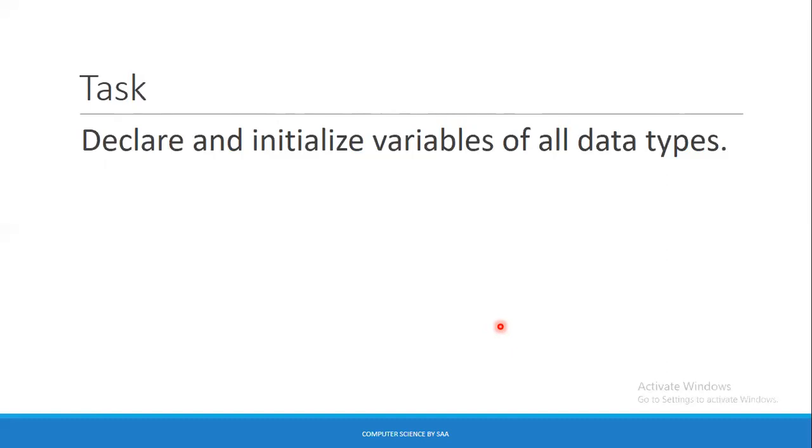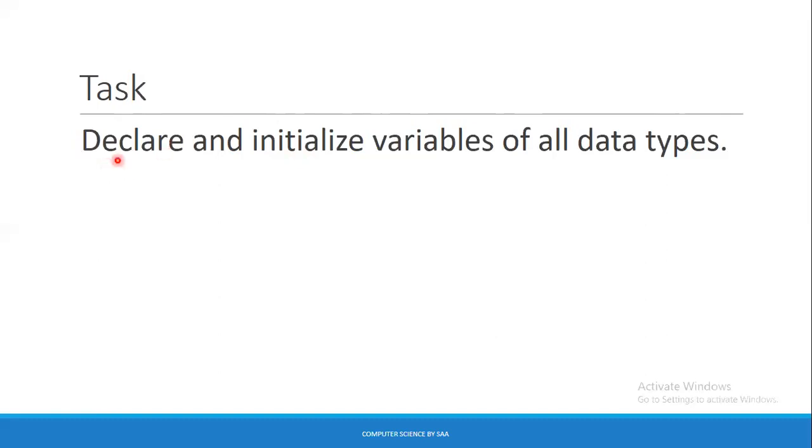So here is a task for you. You have to declare and initialize a variable of each data type that we have discussed. Only the main data types, not the subtypes. So basically you need to declare and initialize variables of 3 data types. You have to do both, declare and initialize.